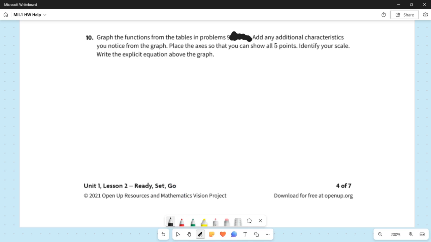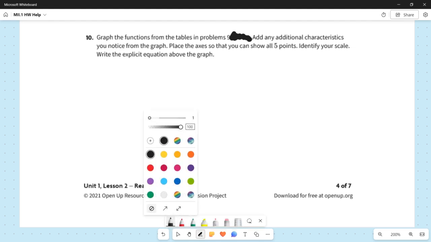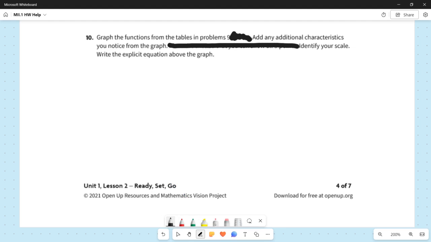The directions here say place the axes so that you can show all 5 points. We are not going to do that, so go ahead and cross that out as well. Identify your scale, write the explicit equation above the graph.